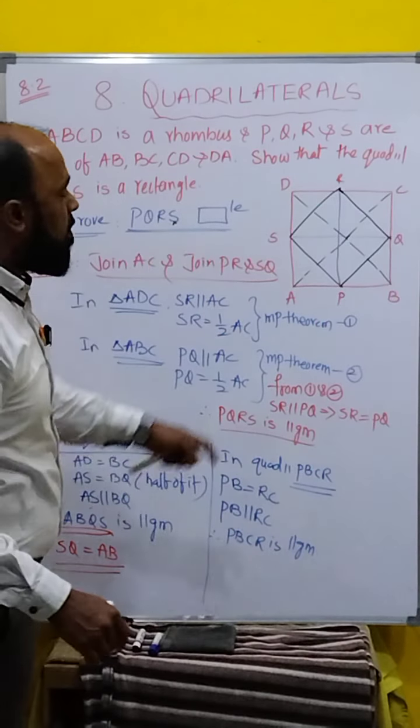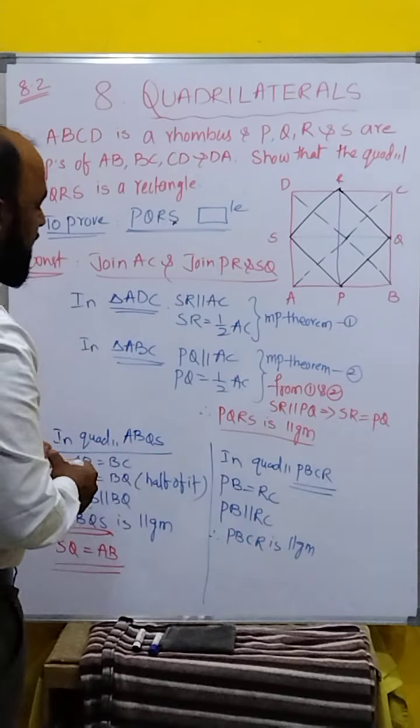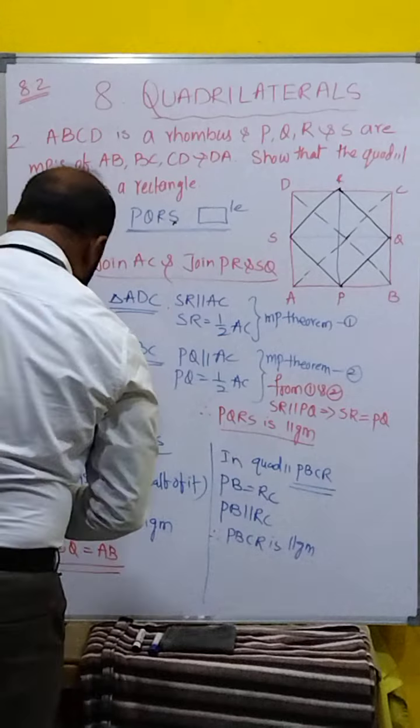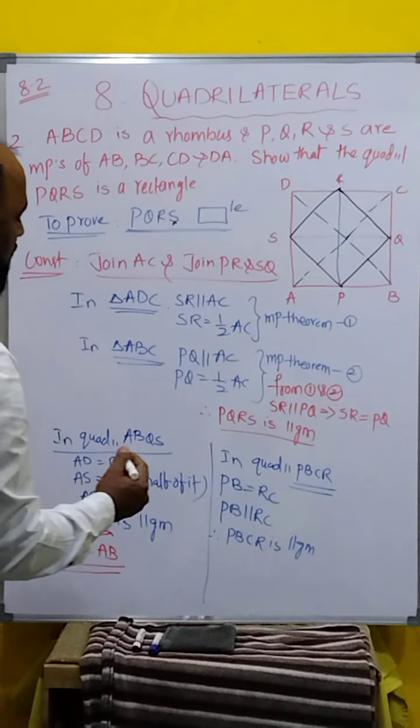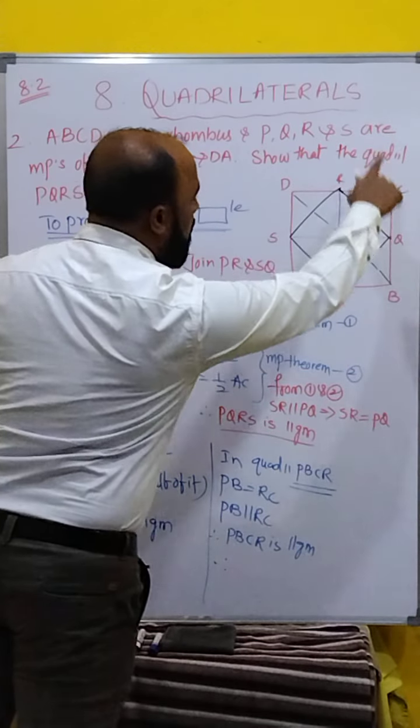Why is it a parallelogram? If one pair of opposite sides are parallel and equal, then it is a parallelogram. Now if it is a parallelogram, then another pair of opposite sides is also equal. That is PR is equal to BC.